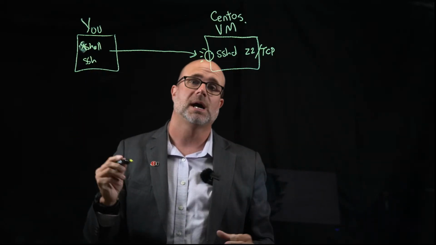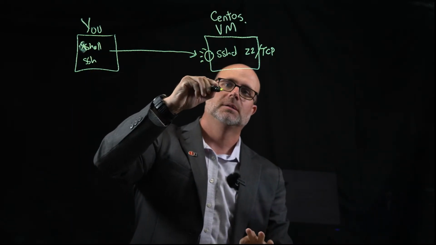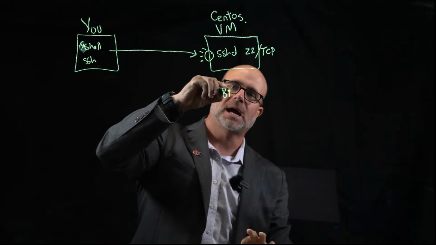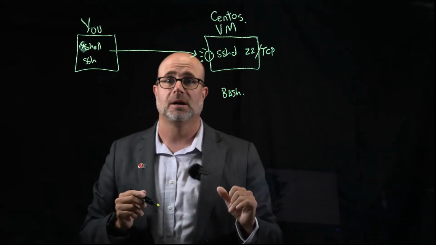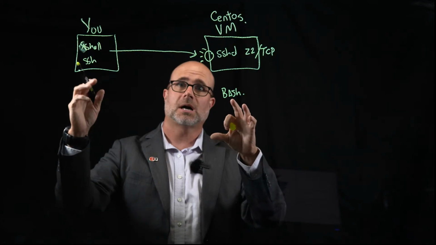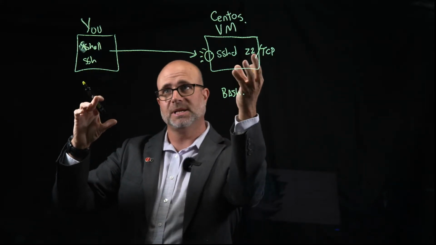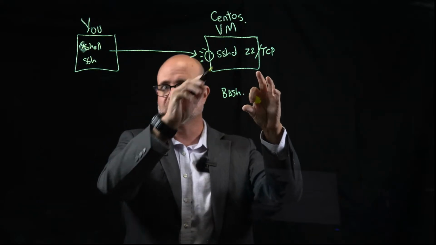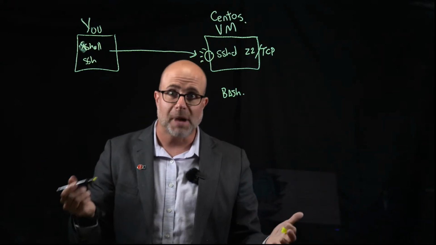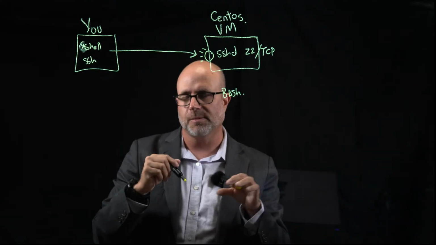Once you do that, you can get a shell, like a bash shell. A bash shell is just the terminal where you can type commands. That's how SSH works. The daemon listens, and you use an SSH client, and it connects into the CentOS VM and gives you your bash shell so you can start typing commands.